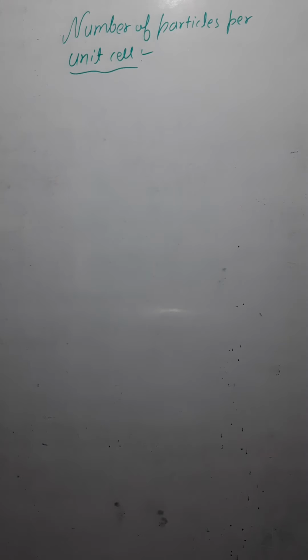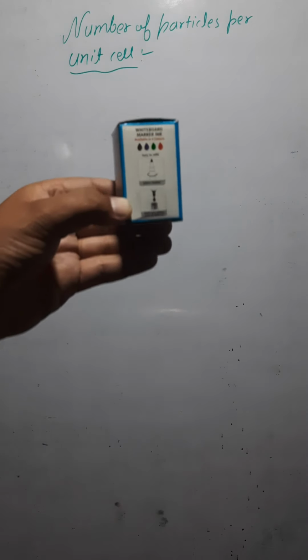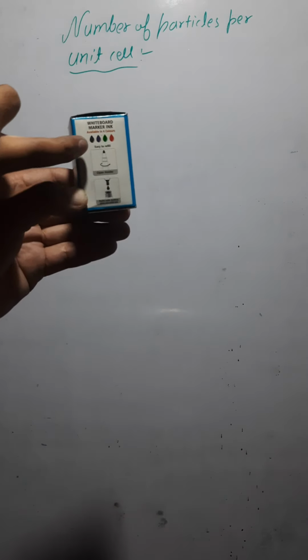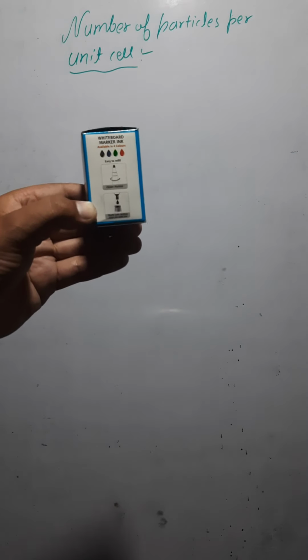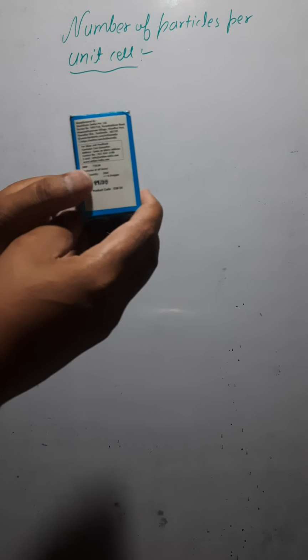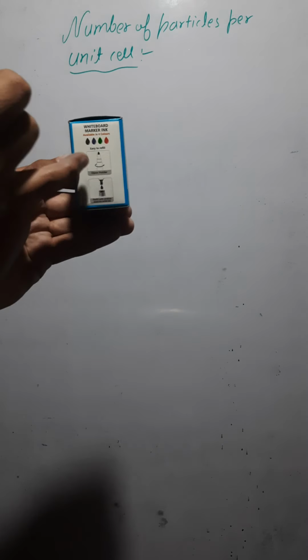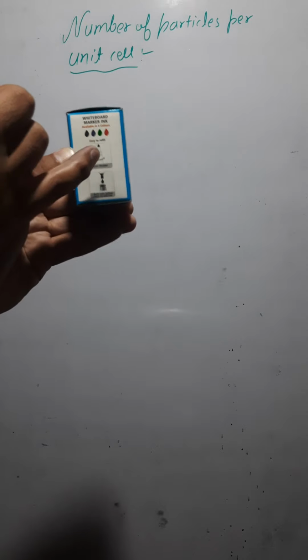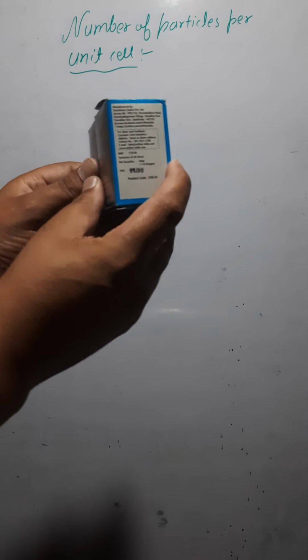Let's say you have a particle in this one face. As we know, different unit cells are combining together and forming a space lattice like this. So the particle which was here earlier, by combining this unit cell, has been divided into two, meaning this one face also, this one face also.